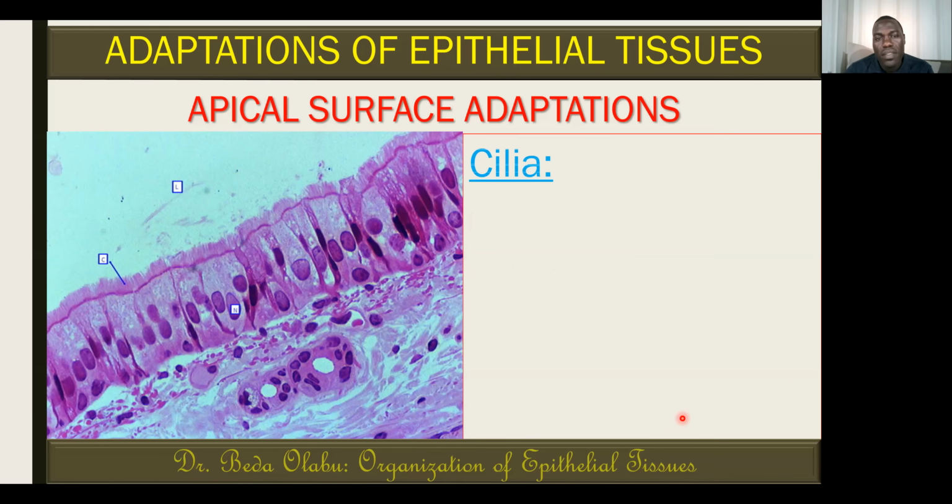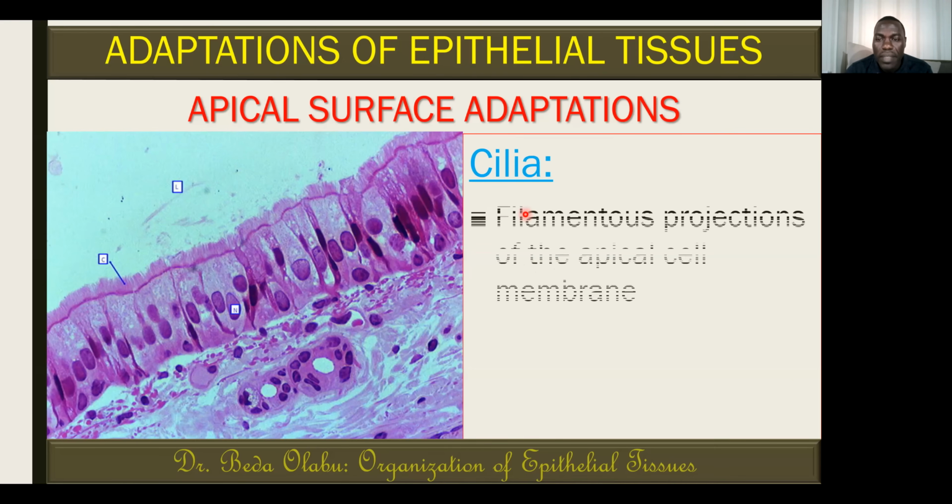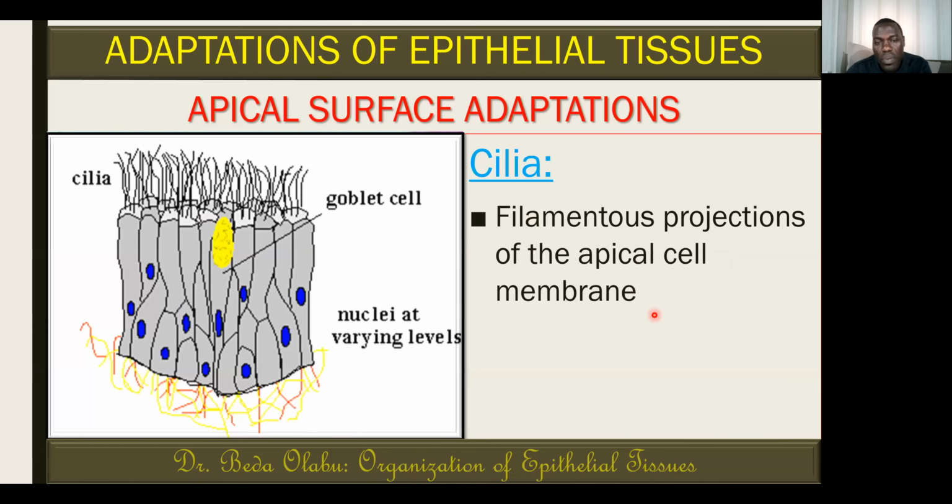The third apical surface adaptation is cilia. Cilia refer to filamentous projections on the apical cell membrane. Cilia is different from microvilli in two ways. Cilia is motile, which means it can beat in a particular rhythm.